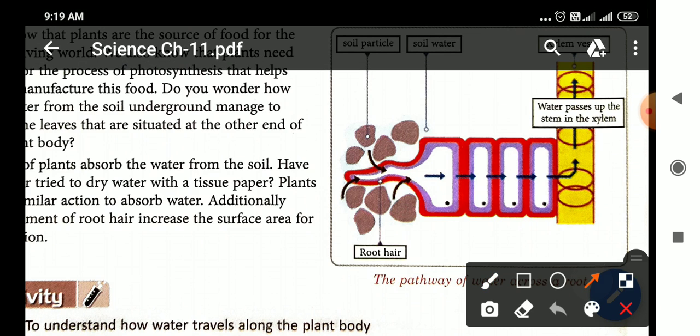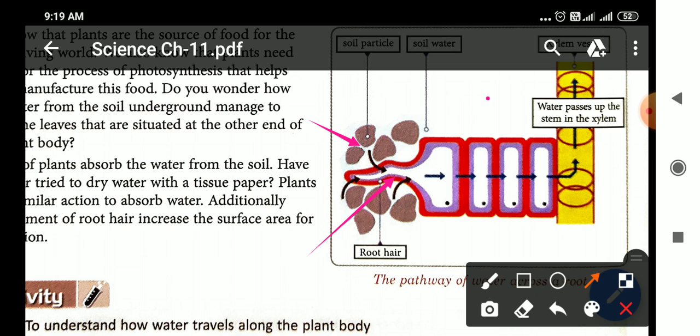You can see here the plants, a stem of plant, and this is the root hair. Root hair which is surrounded by the soil particles.